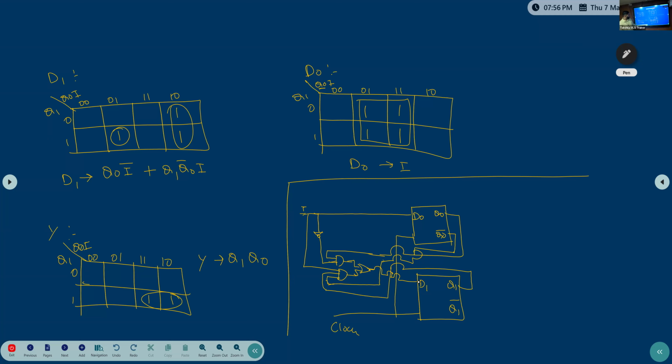Clear? So now again, the output also I need to check, right? Q1, Q0. This one is Q1. This one is Q0. Both I need to connect to one AND gate. This is the output. Now again, when starting, what I told: next state combo, state register, output combo.